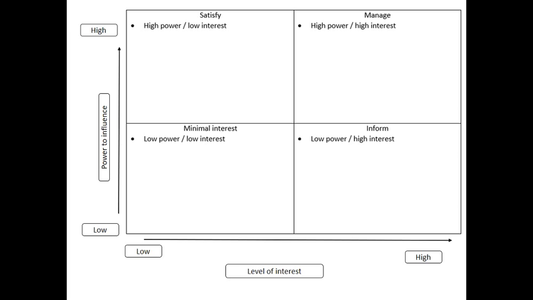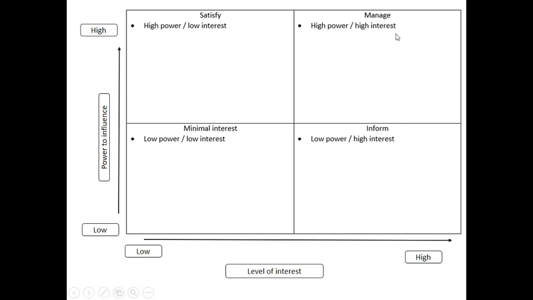So let's have a look at some stakeholders who were involved in this decision. So we've got along this axis here the power to influence, whether that's high or low, and the level of interest, whether that is high or low. And there are various strategies for dealing with the stakeholders noted in the grid.